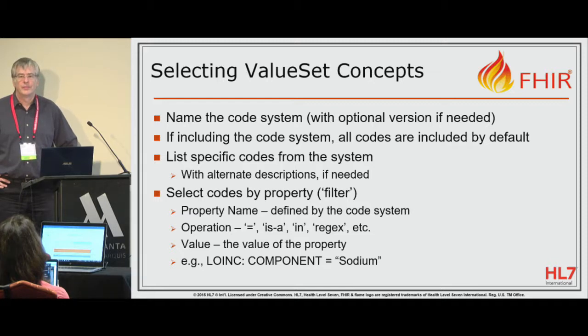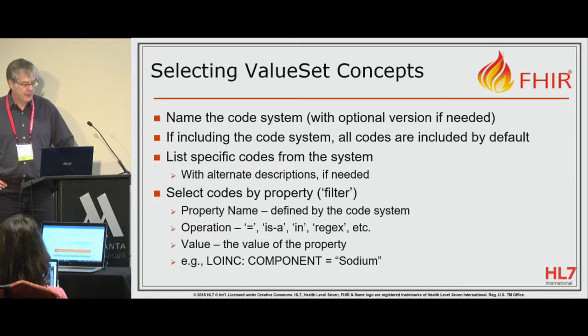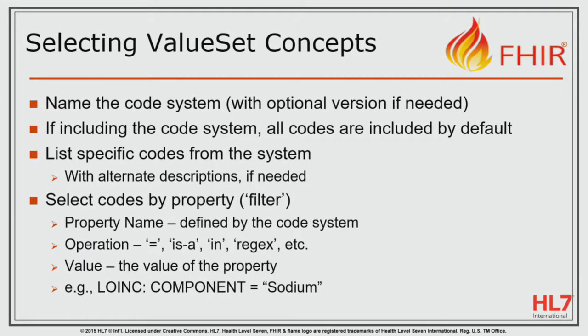Second is you're changing languages. The third is that you have, and this is really common actually, displays that are a good description of the concept for the entire code system, but you have a value set that restricts the concept to a particular subset.